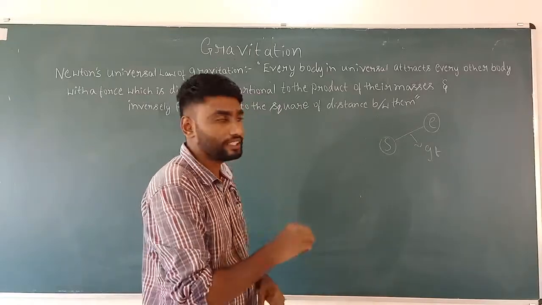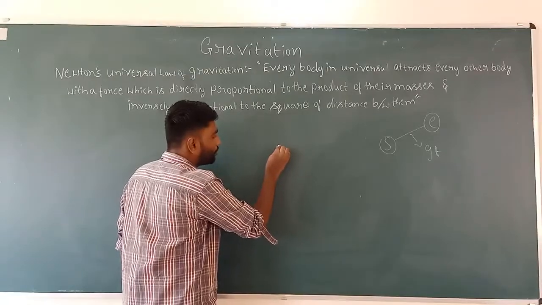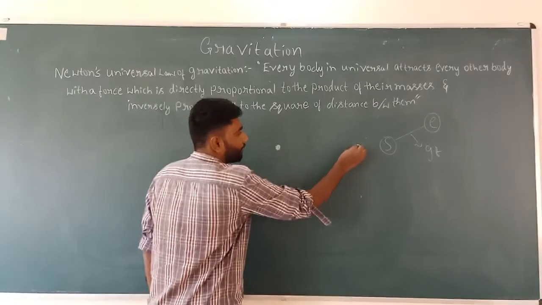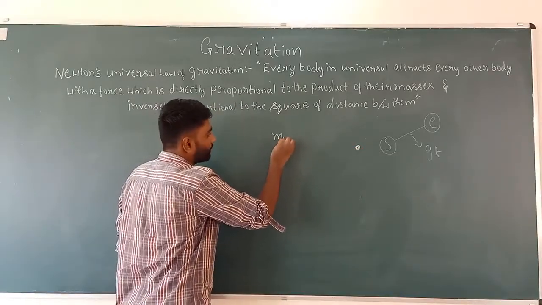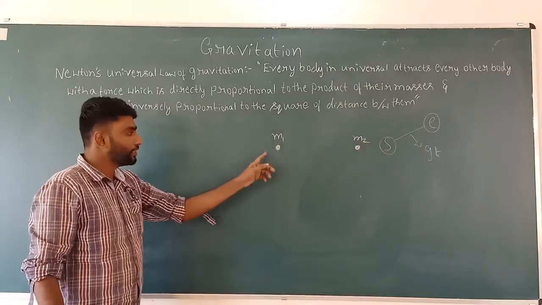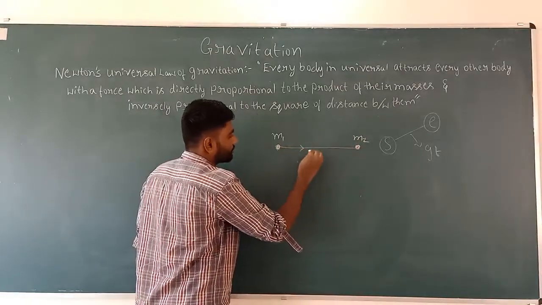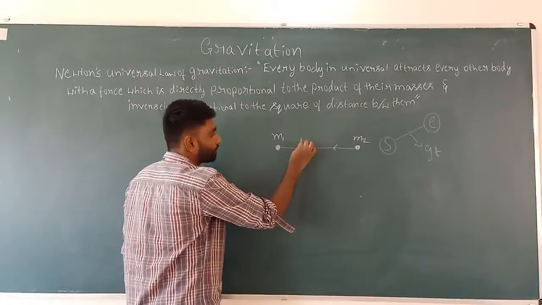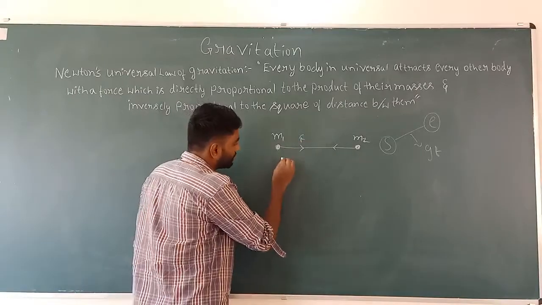So this tells that if you consider two bodies or objects having masses m1, m2, between the two bodies there is a gravitational force. The distance between m1 and m2 is r.